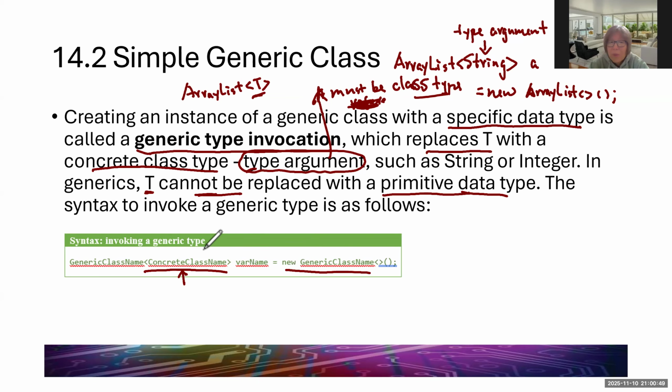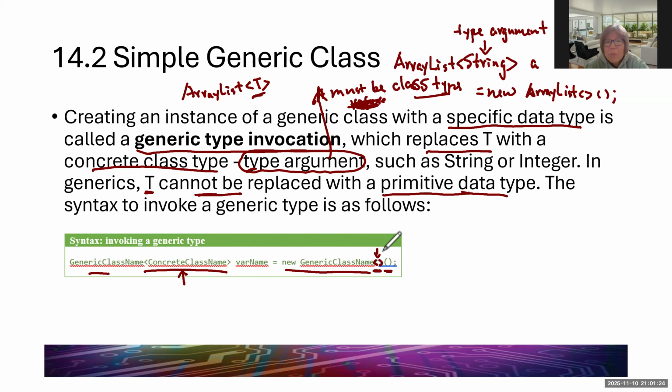Then you can call the constructor to create the instance of this generic class, an instance with the type as some concrete class type. And when we call the constructor, for this pair of angle brackets, you leave it empty.